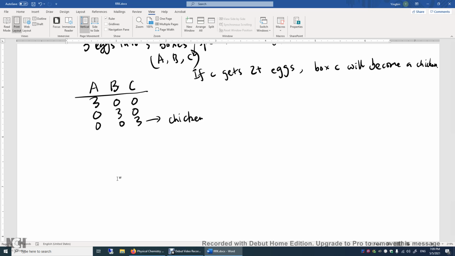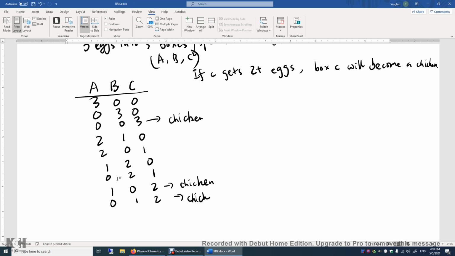Also, we can put 2x in A and then 1 and 0 in B and C, or 2, 0, 1. We can also put 2x in B, and then we get 1, 0 in A and C, or 0, 1 in A and C. Also, we can just put 2x in C, and then 1, 0 in A and B, or 0, 1 in A and B. Over here, we get chicken.